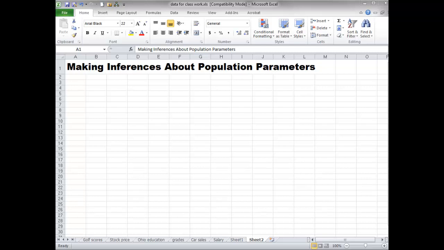So we cannot just pick a sample of 100 runners, 50 males, 50 females, compare their averages, and if the average of one group is better than the average of the other group, conclude that the group with the better average is actually running faster in terms of the population.